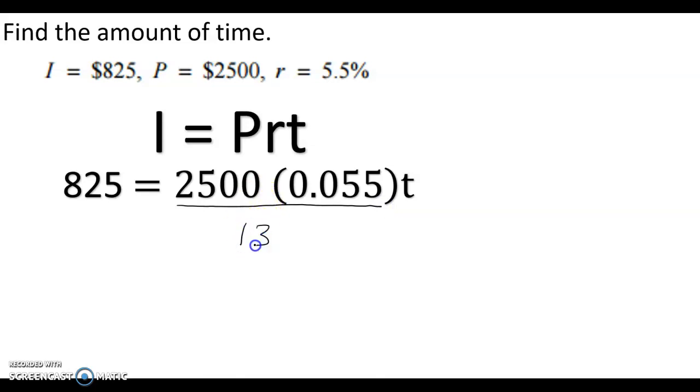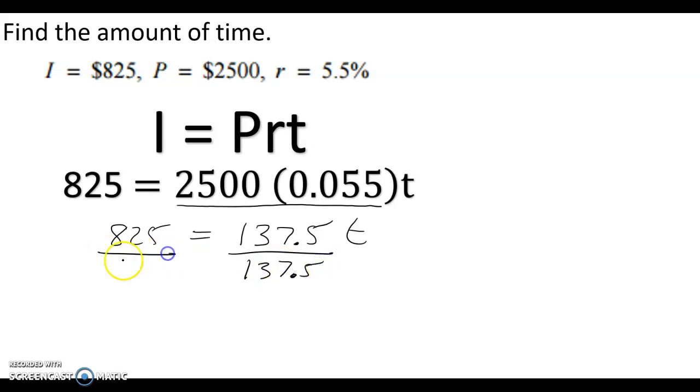So you get 137.5 T equals 825. Then we're going to divide by 137.5. And we end up with 6. So that is 6 years.